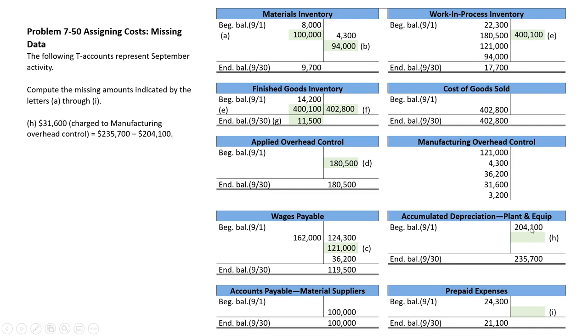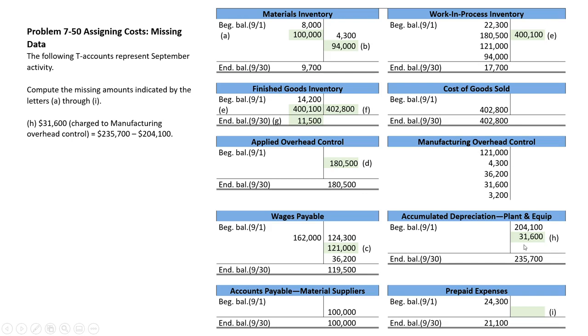Well, process of elimination, if I have accumulated depreciation, it would have a credit balance. If it had a starting balance of $204,100 and an ending balance of $235,700, I must have credited the account for an additional $31,600 here.